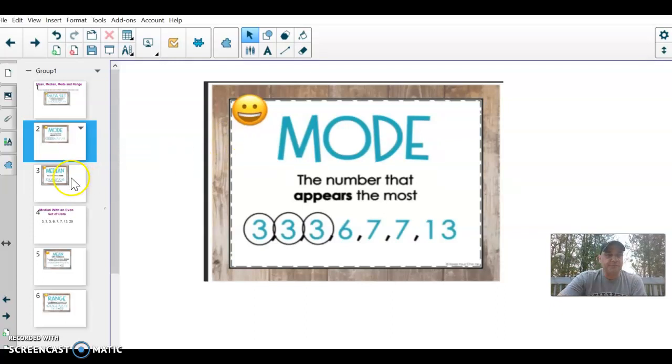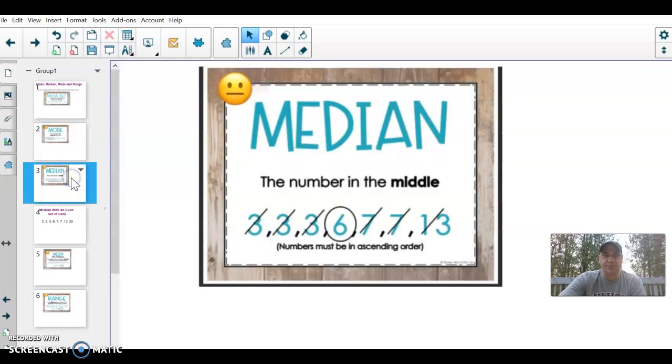Let's go to median. Now, median is that stripe, that yellow stripe that's going down the middle of the road, because median means middle. So therefore, the number in the middle of your data set. So if I cross off, as you notice, I already did the work, crossed off the 3 over here, crossed off the 13, crossed off the 3, crossed off the 7, crossed off the 3, crossed off the other 7, the number 6 appears in the middle.